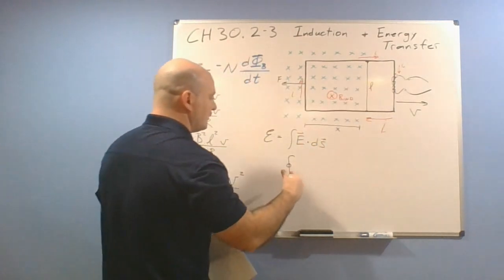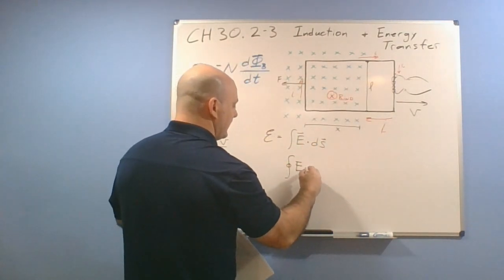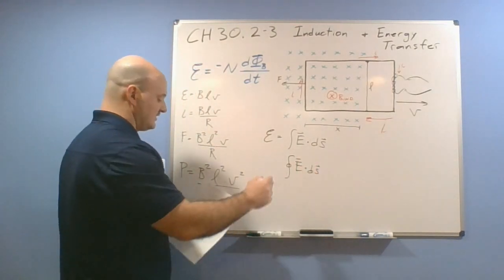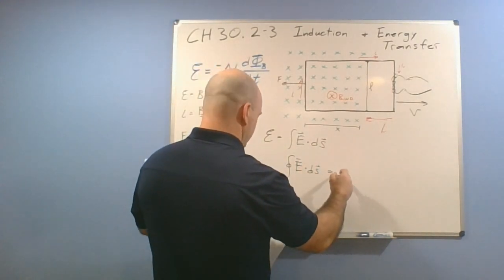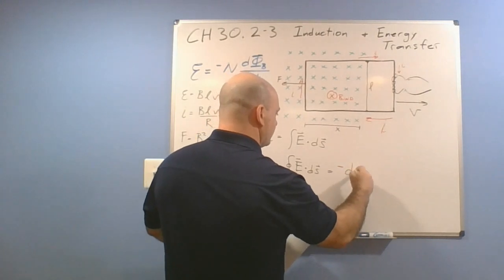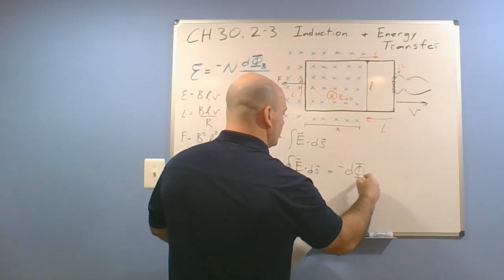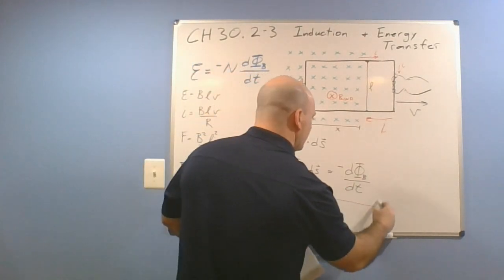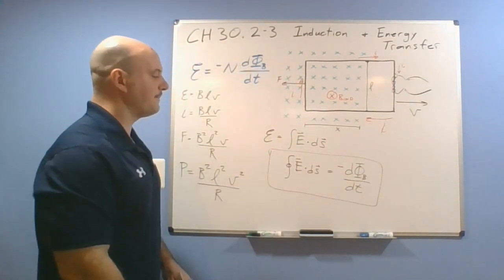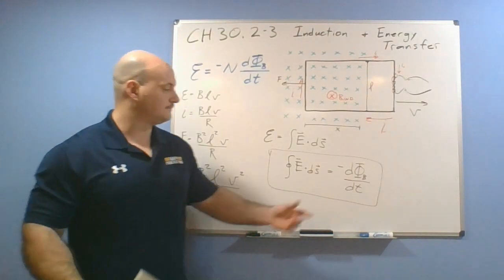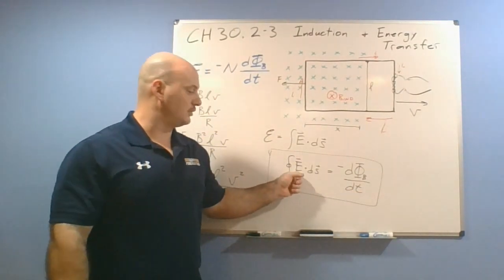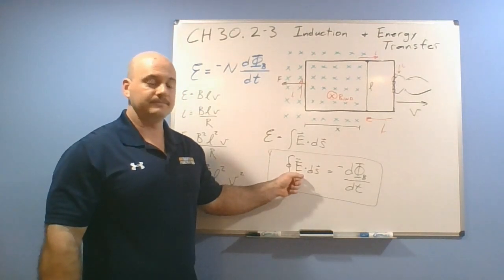It's a loop sort of around the loop. The integral E dot ds, we take a path around a closed loop. We can set that equal to the negative of the rate of change of magnetic flux. This is just a rewrite of Faraday's law, and it allows us to take this rate of change of flux and equate it to an electric field.